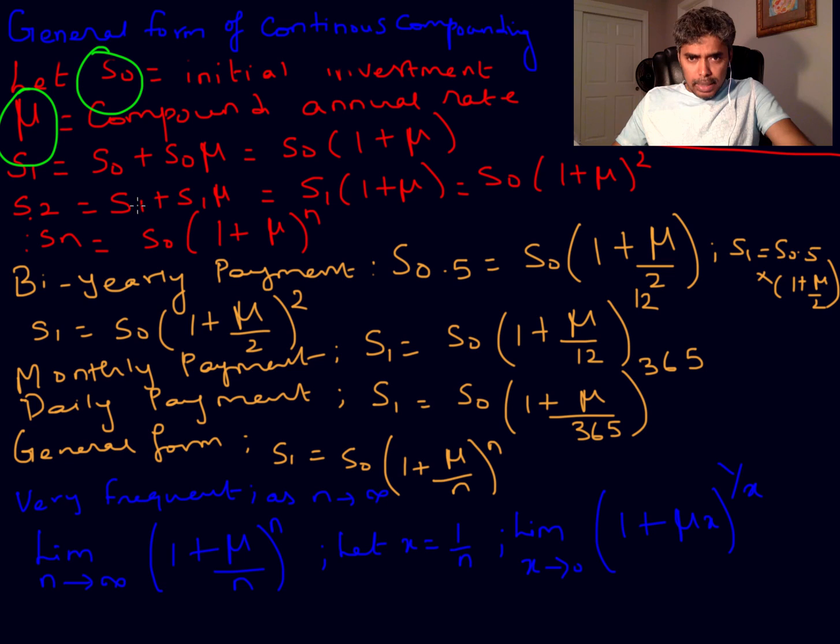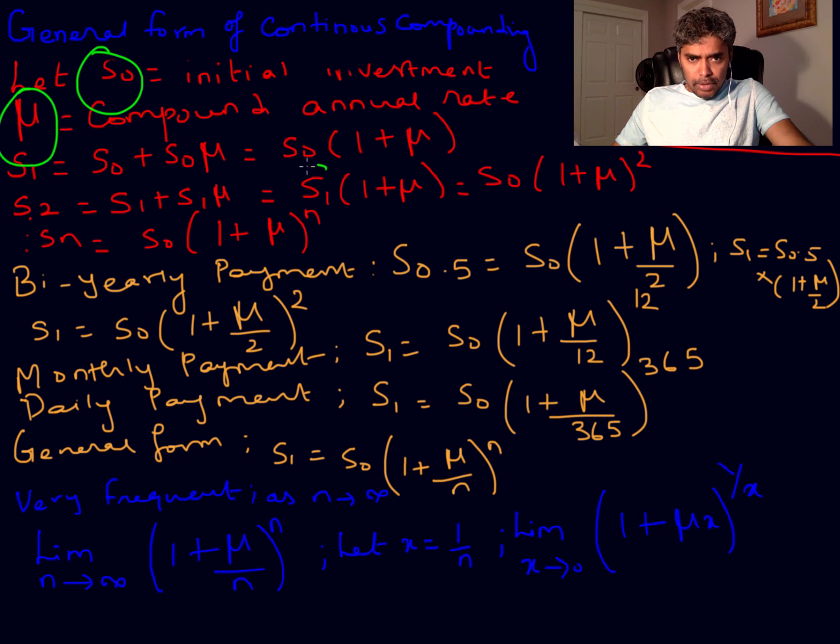And let's say if we are going to continue this compound interest for the second year, then the S2, which is going to be the return of the investment at the end of the second year, is going to be S1 times mu plus S1, or in other words S1 plus S1 times mu, which is nothing but S1 times 1 plus mu.